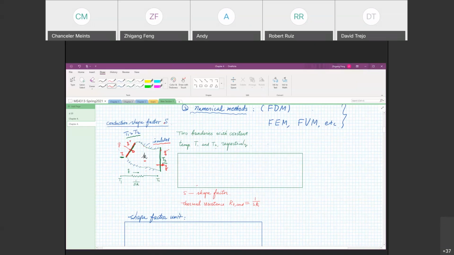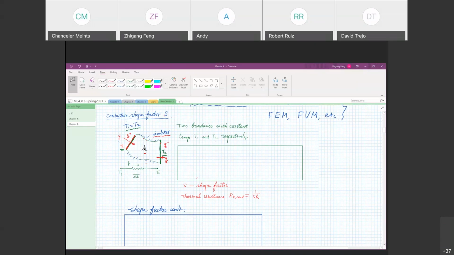Okay, so know the difference between the heat transfer rate and the heat flux. And we expect the heat transfer rate q to be proportional to the temperature difference. Obviously, if we have a larger temperature difference, T1 minus T2, we will have more heat transfer rate. And if T1 equals T2, then there will be no heat transfer.